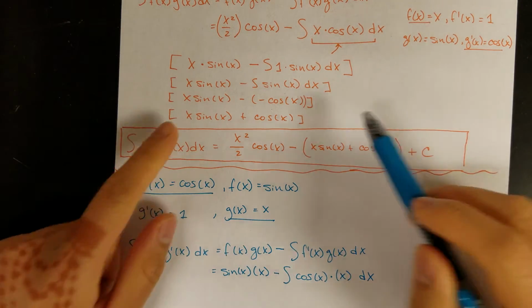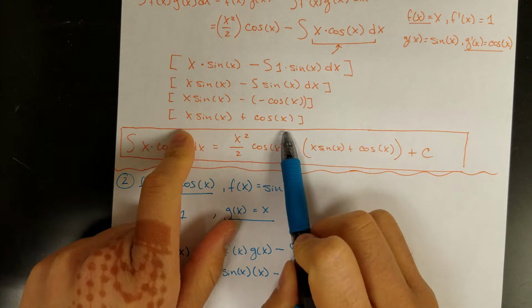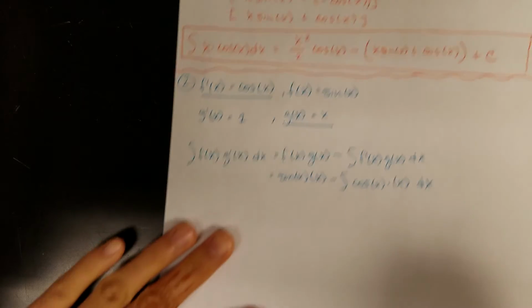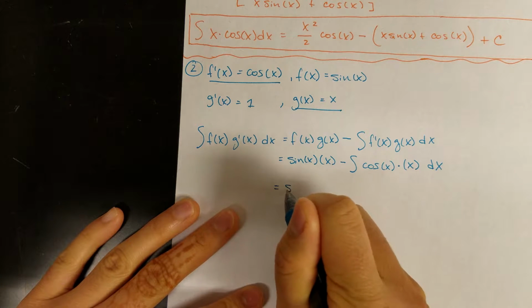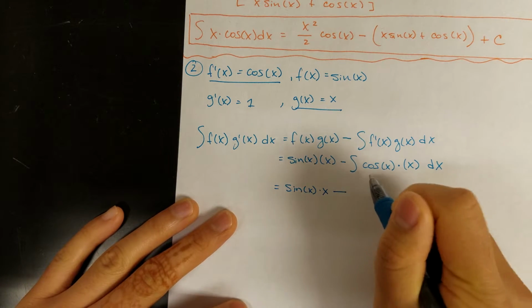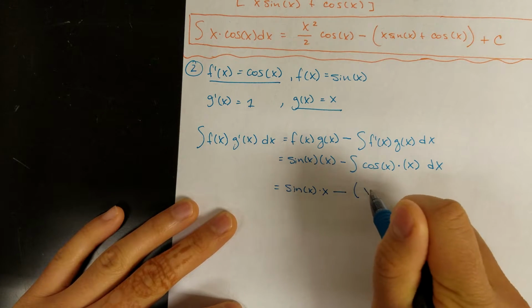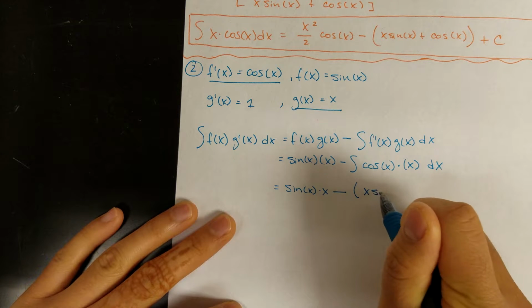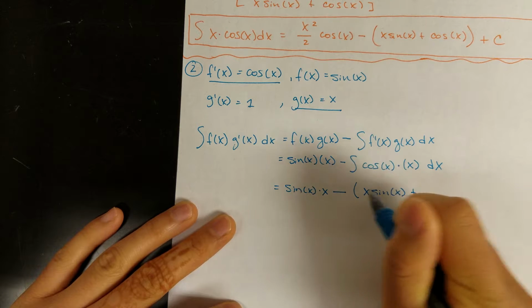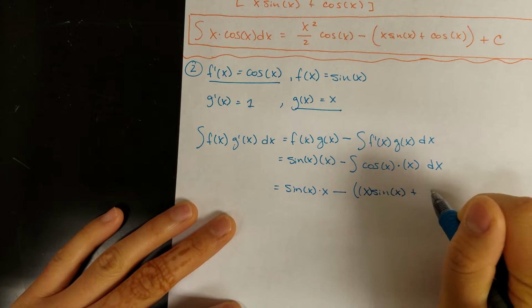We can just take what we already calculated and reuse it here, because it's asking for the same thing. So it ends up being sine x times x minus x sine of x plus cosine of x.